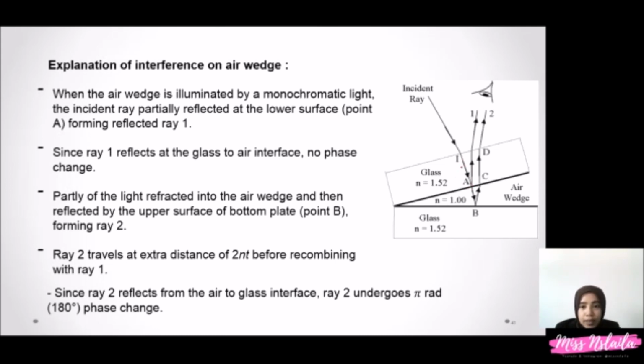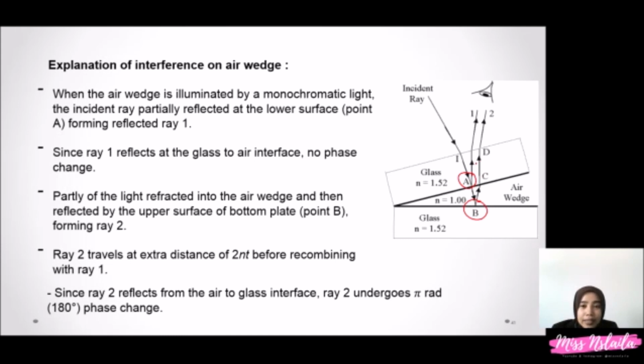During this reflection, since it reflects from a denser to a less dense medium, from glass into air, there will be no phase change at point A. Next, part of the incident ray will refract into this air wedge and then reflect at the second glass to produce ray 2. When the light reflects from air to glass, from a less dense to a denser medium, there will be a phase change right here.